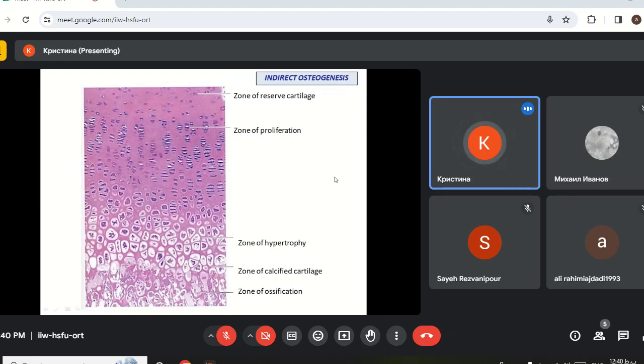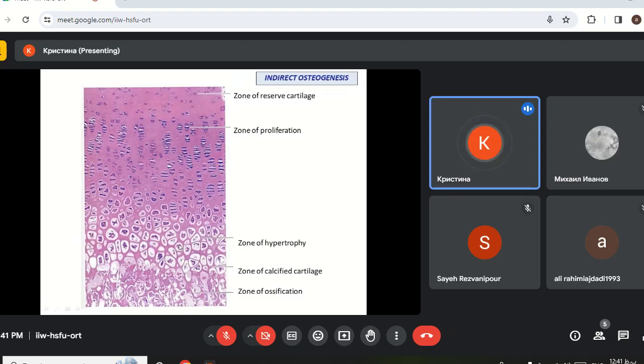So in this picture we can see at high magnification the area of the metaphyseal plate. In the upper region we have the zone of reserve cartilage, just the hyaline cartilage, everything is okay with it. Lower we have the zone of proliferation. It consists of the dividing cells, which form such columns of cells. Lower we have the zone of hypertrophy, where chondrocytes become larger because they become filled with water.